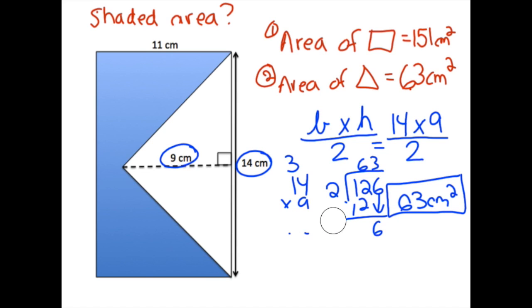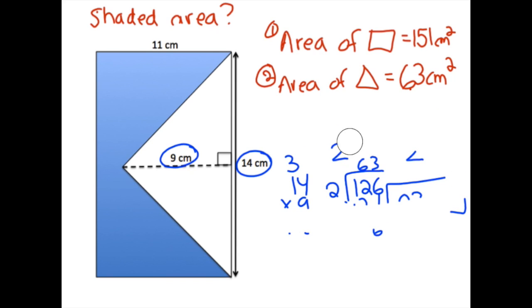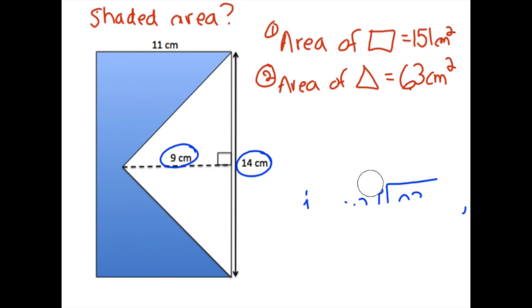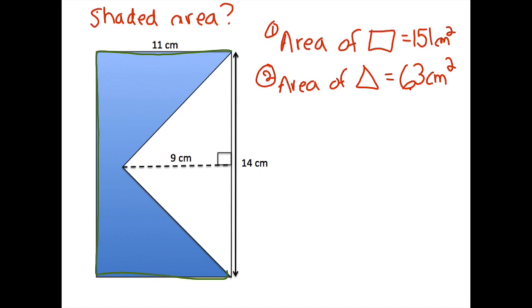And I'm going to erase all the work for how we found our triangle down here. So now we found the area of our rectangle, which is the entire shape here. So our rectangle means that we found the area within this entire space, right? Then we found the area of our triangle, which is just the white triangle here.